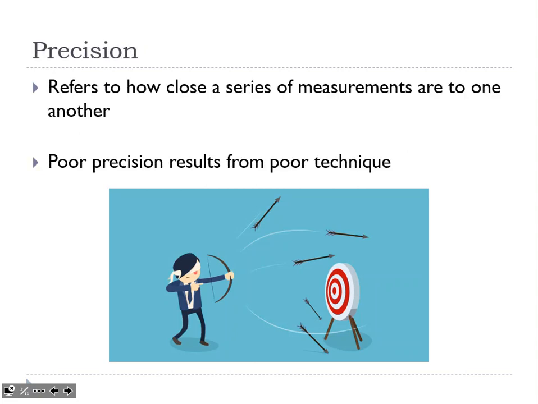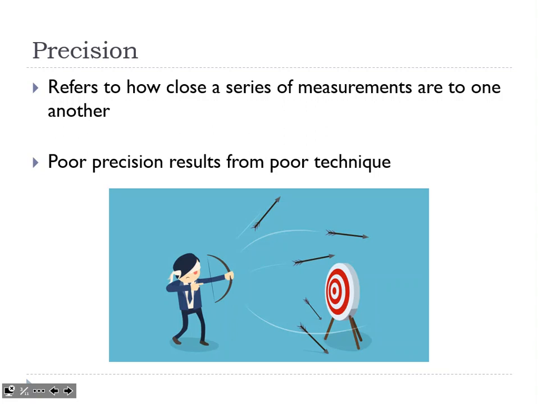Let's talk about precision. Precision is how close a series of measurements are to one another. Poor precision results from poor technique. Say you're measuring the mass or the volume of a substance, but you're not paying attention to your graduated cylinder very well, and you're just rounding to the next line.